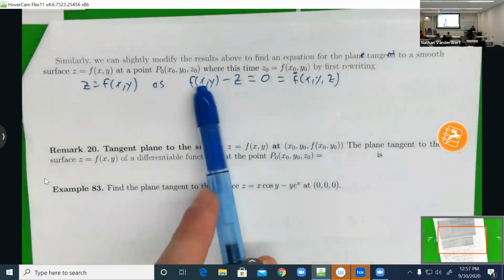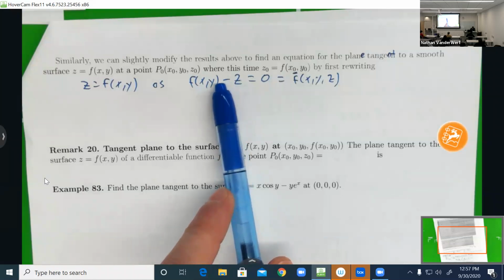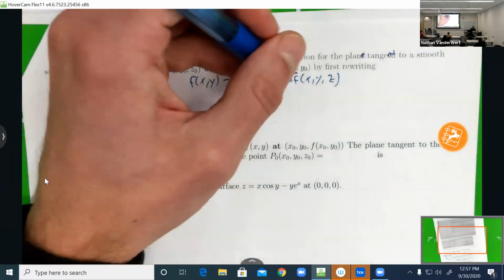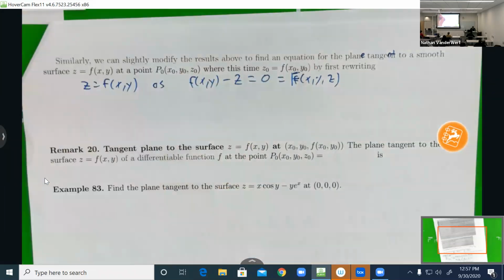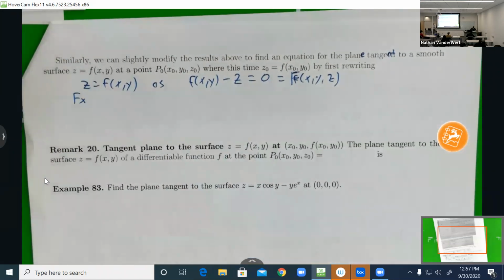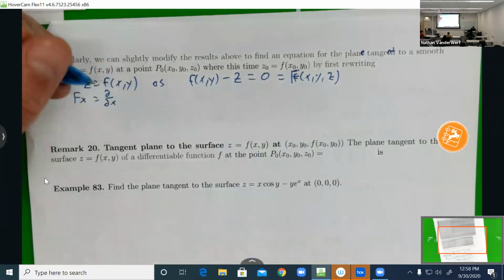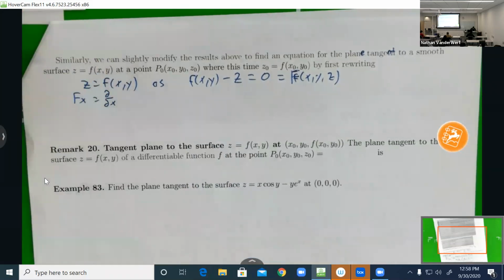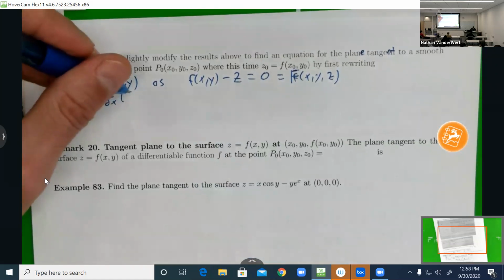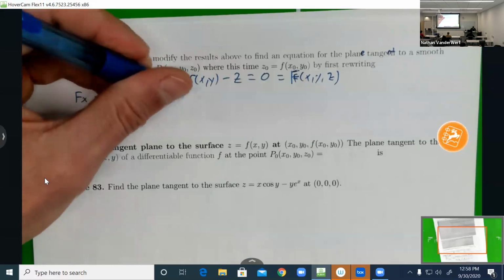It's just that now we're going to have some parts that depend only on x and y, and then subtract z. All right, so if we do this, let's call this capital F, actually. If we actually go through and compute these things, so partial Fx is going to be partial over partial x, calculating the gradient, the partial derivatives of f of x, y minus z, right?